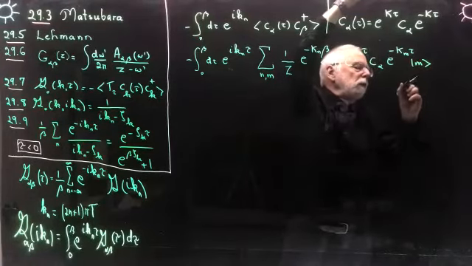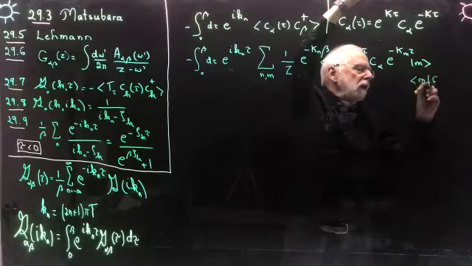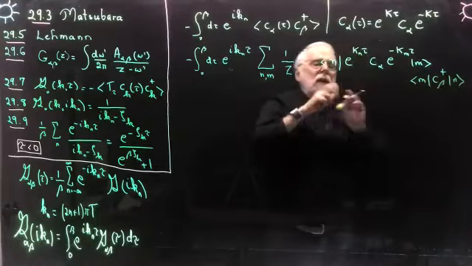So let me write it just below here. So I have m C dagger beta m. So is it clear? I did a trace.